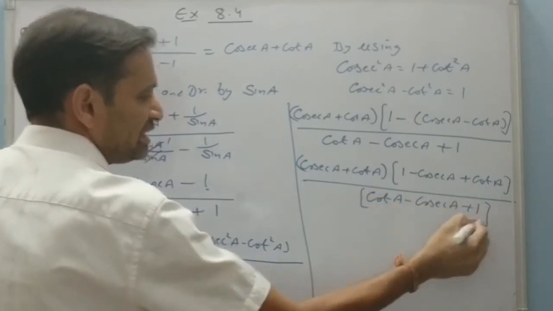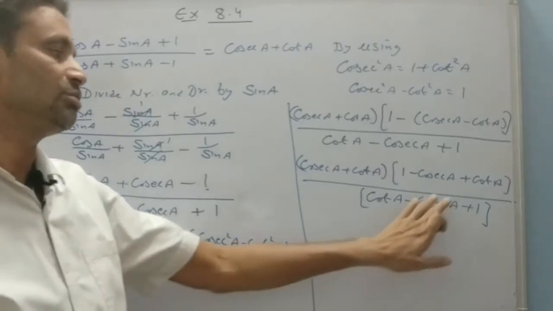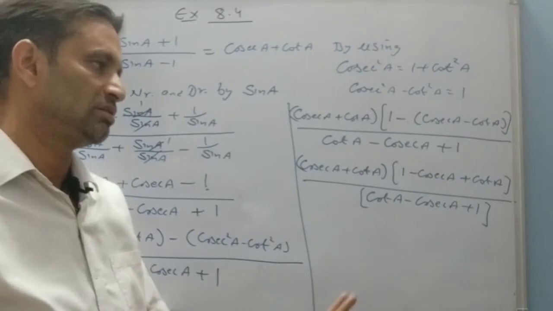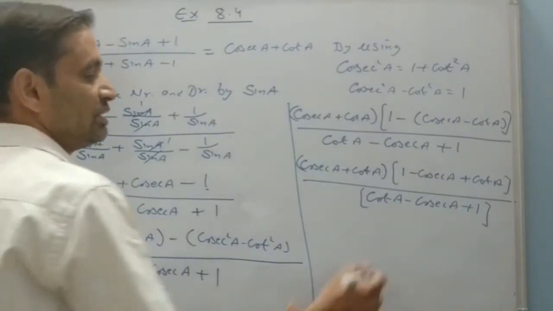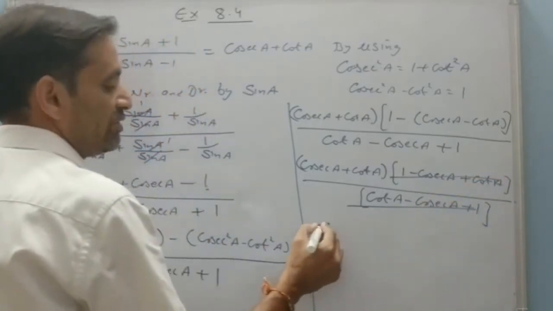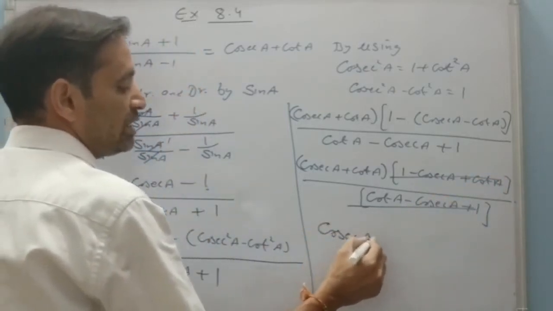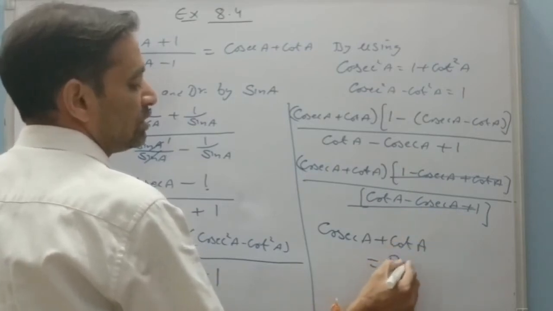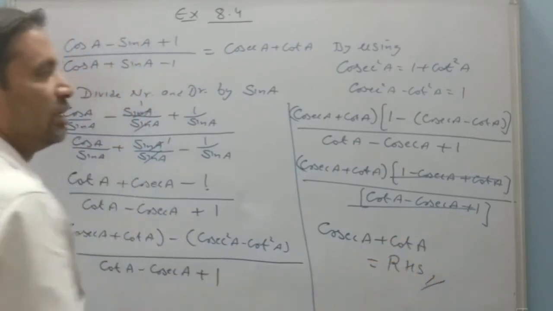You can see this bracket and this bracket are the same, but the terms are altered and nothing else is there. So this full bracket will be cancelled out. I will get cosec A plus cot A, which is our RHS. Hence proved.